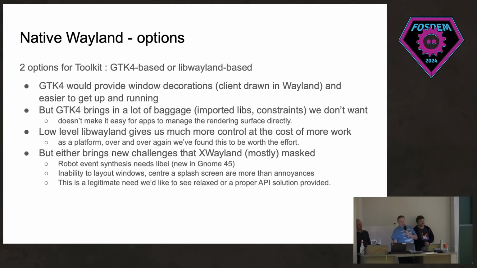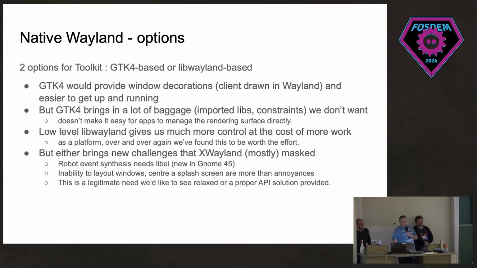There's more work with using the low-level libwayland, which is basically the equivalent of libX11. But generally, when we've tried to do something in the JDK, like the last example, where we were doing a pipeline for macOS for their new rendering engine, they have a higher-level toolkit that's intended for applications, but we needed to use the lower-level one, and it just sort of works out that way, it seems, every time.